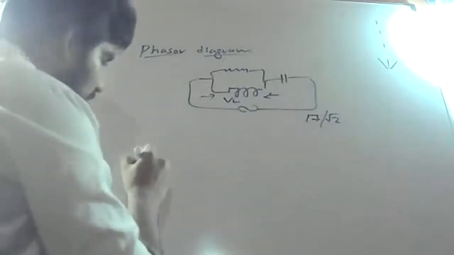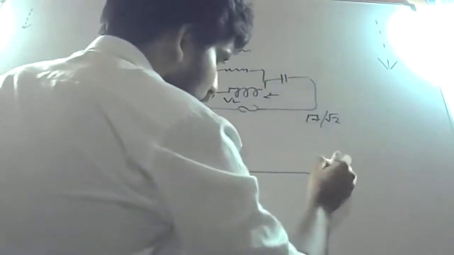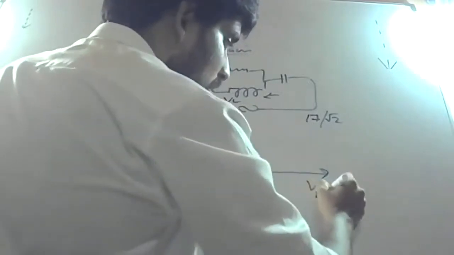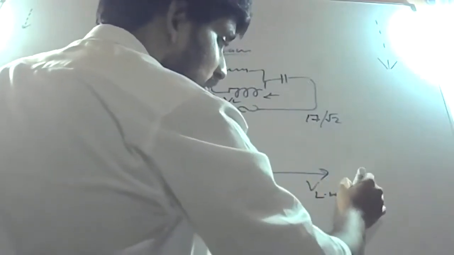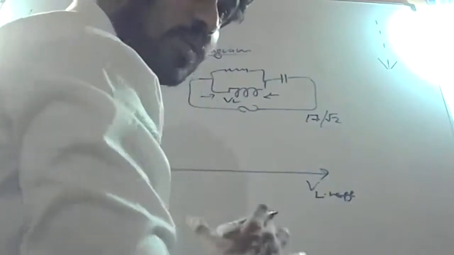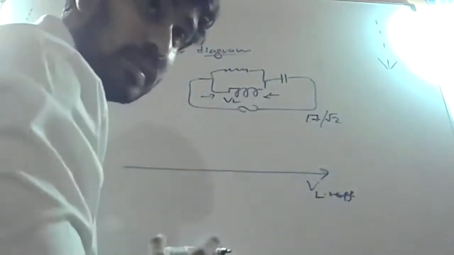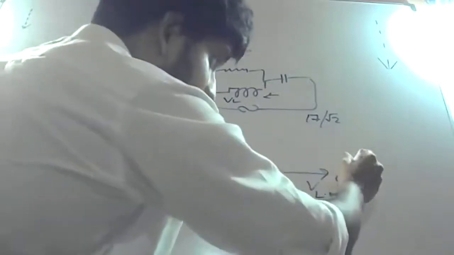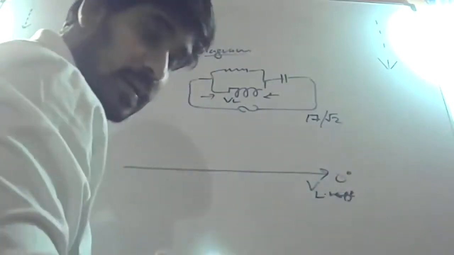No problem. Let's sketch that first. This is VL reference. Reference means it makes no positive phase angle, no negative phase angle. The reference angle is 0 degrees, because that's the reference, right?